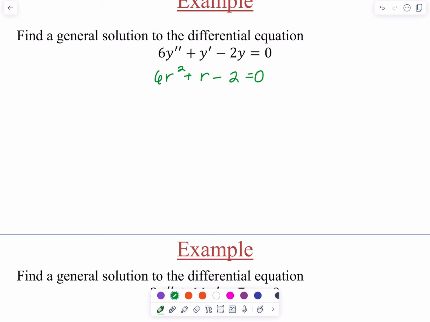And we can go ahead and factor that. I'll do that very quickly over here. We have a negative 12 and a positive 1. So we have a 4 and a negative 3. And dividing these by 6r, we come up with negative 1 over 2r and 2 over 3r.